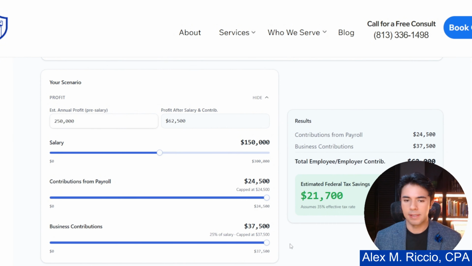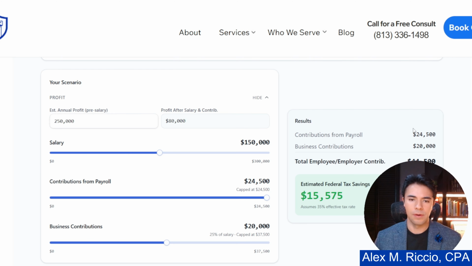Yeah, I'd like to max this baby out. Let's go all the way to 37,500 and get my savings from 8,500 to 21,000. Not bad. Now, if we only have 20K of cash readily available to be put to a 401k, that's fine. I can put 20,000 at year end. That still gets me from 8 to 15,575 in tax savings.